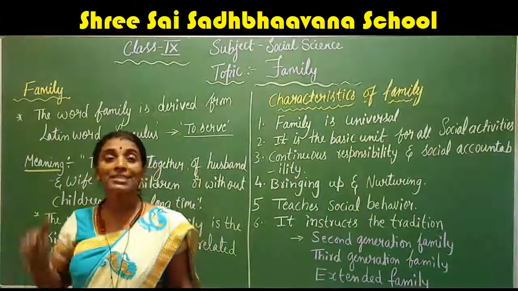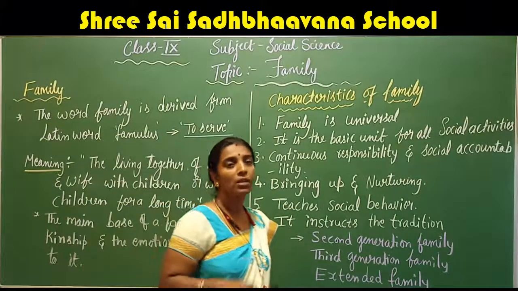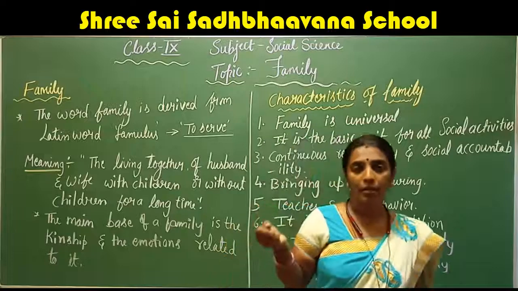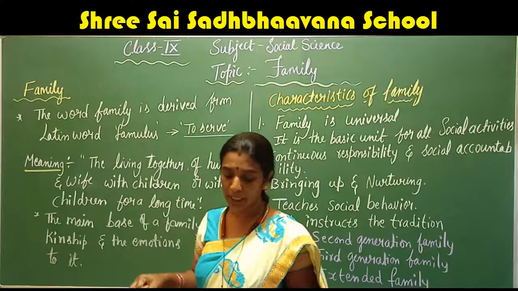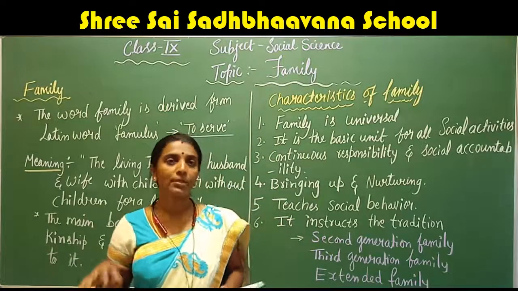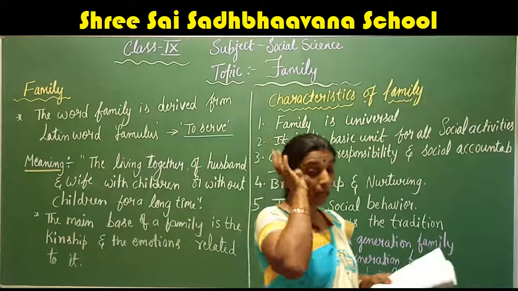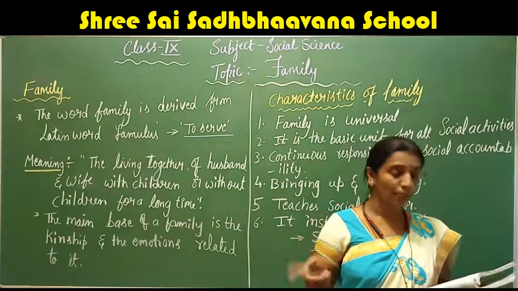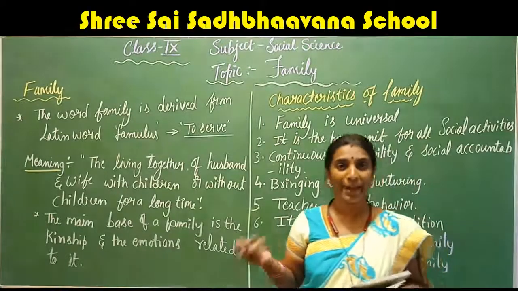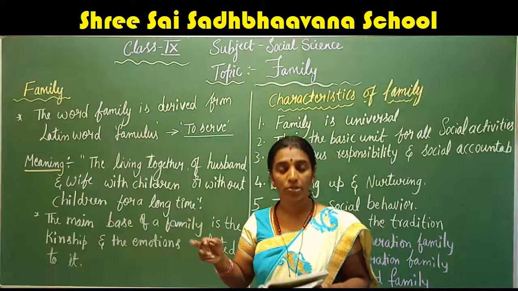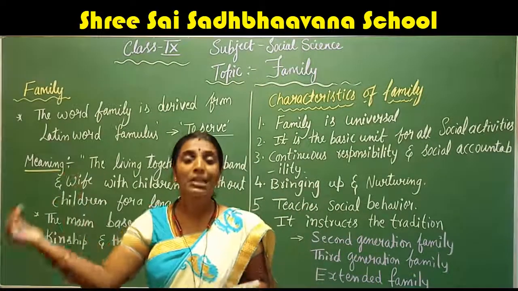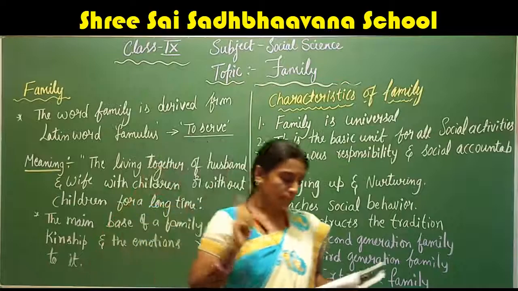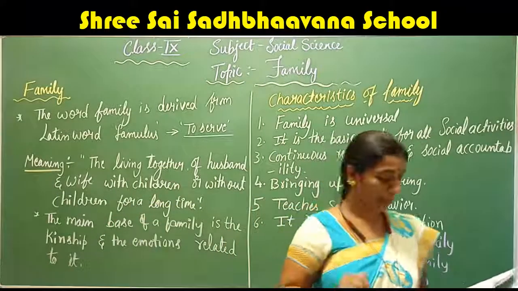These members live under the same house. As I said at the beginning, the family includes marriage, kinship, or adoption, and the members who are connected because of kinship, adoption, or marriage live under the same roof, or the same house, as a family.